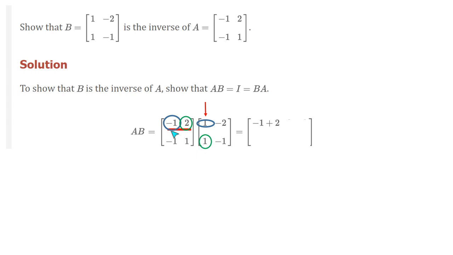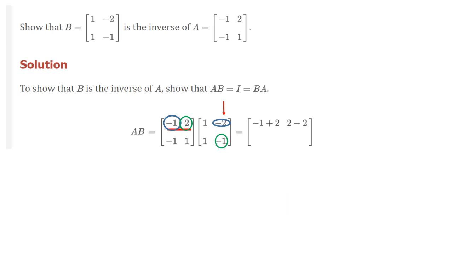Negative 1 times 1 is negative 1, and 2 times 1 is 2, so if we add that, we end up with 1. I'm just listing it here, and then we'll simplify in a second. Now negative 1 times negative 2 is positive 2, and 2 times negative 1 is negative 2.